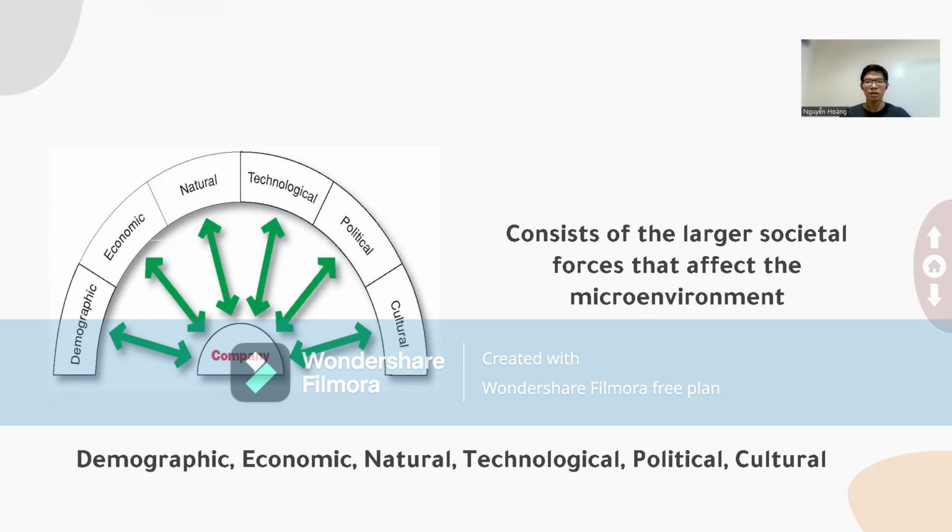Marketing management take orders, company groups into account: top management, finance, R&D, purchasing, operations, and accounting. Next is suppliers. Suppliers provide the resources to produce good and service. Treat them as partners to provide customer values.